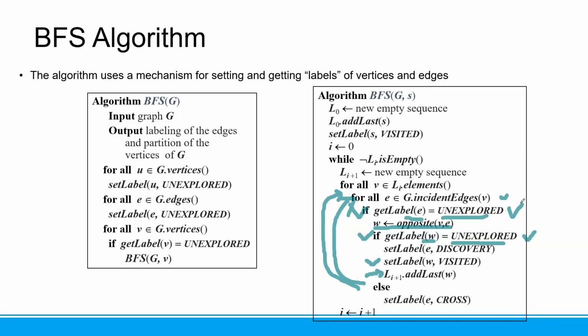Then we check the new W. W is now D. And then we will check if D is unexplored. Yes, it is unexplored. So we will set AD as a discovery edge, and then we set D as visited. And then we add D into this L1.